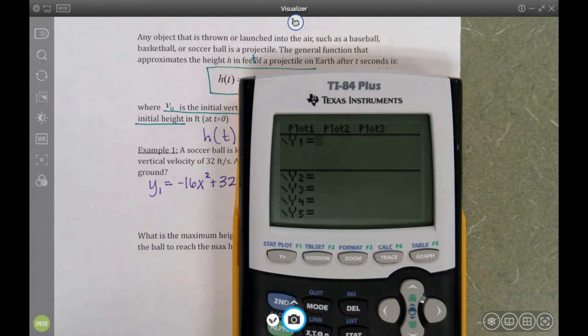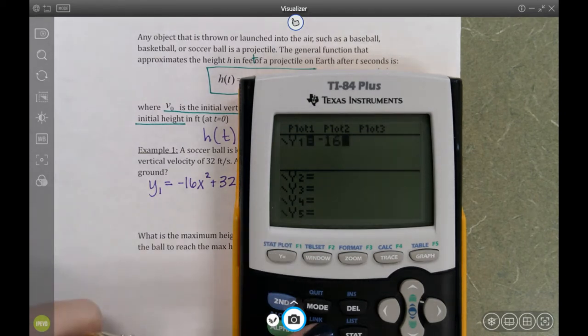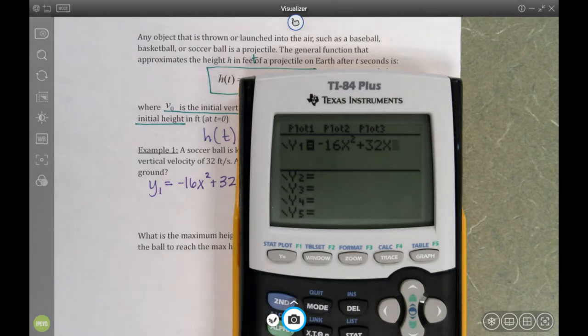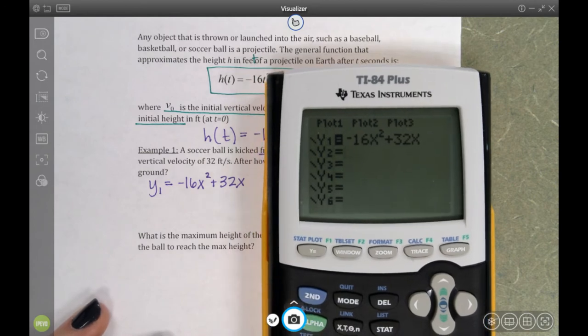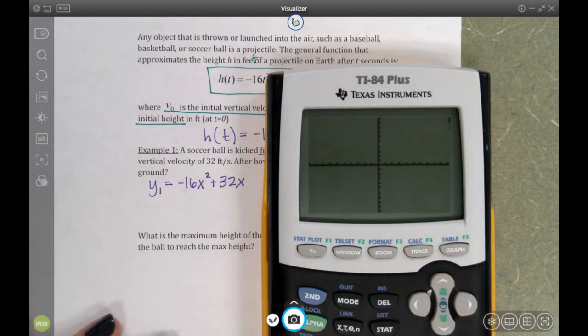So I'm going to type it into y equals negative 16x squared plus 32x. If you want to put that plus 0, you can, but you don't have to. Once my equation's in there, I'm going to hit graph.